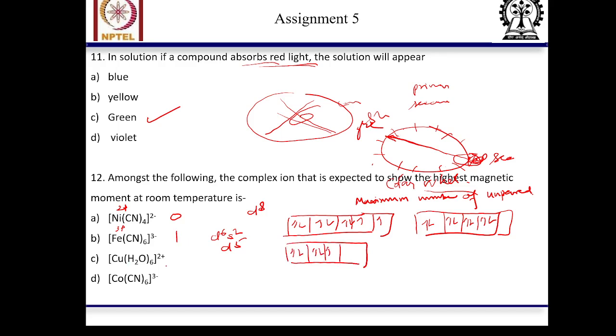Then we go to Cu(H2O)6. It is a d9 configuration, so here also we have one unpaired electron.